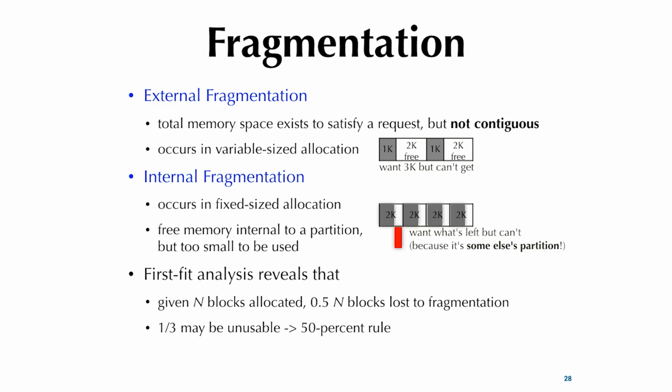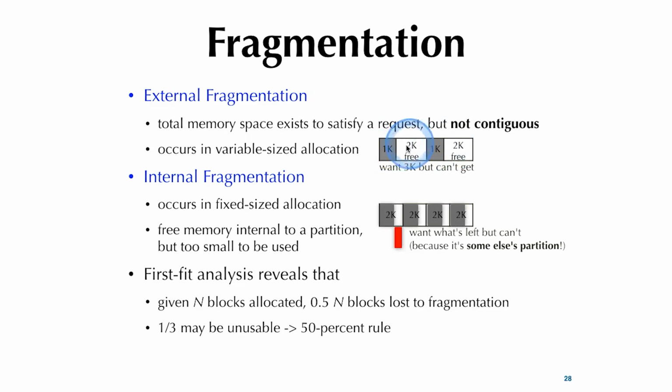And external fragmentation, what does that mean? That means if you look at the total available memory, add up the total available memory, yes, that seems like I should be able to service some requests, but it's all scattered, not one chunk big enough. So let's look at one example. You have 6K of memory right here.